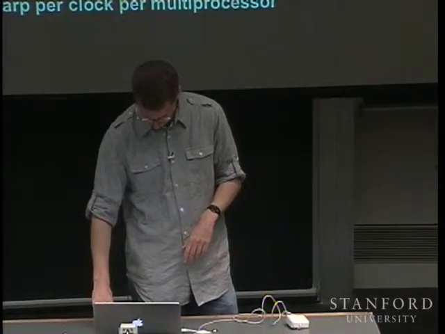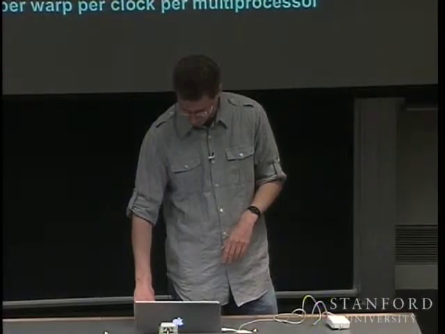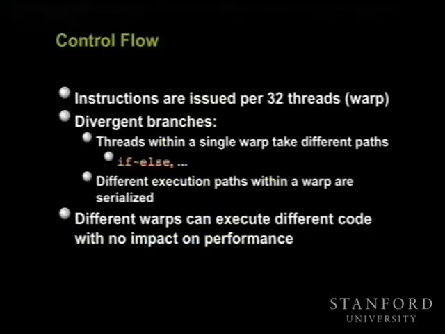All right. So with that, enough about memories of various kinds. Let's talk about control flow. I've talked to you already about what happens if you have a branch statement where some threads want to go one way and some threads want to go the other.